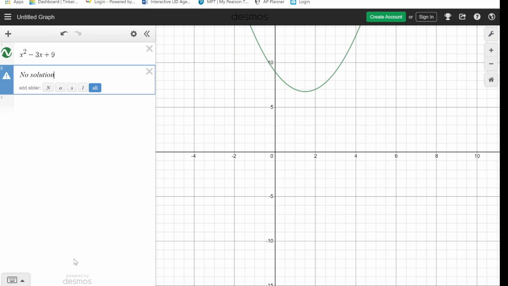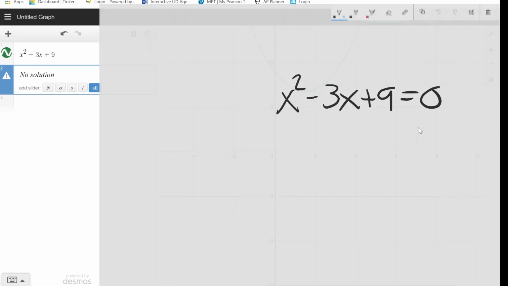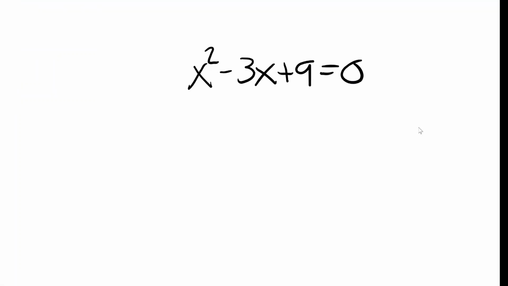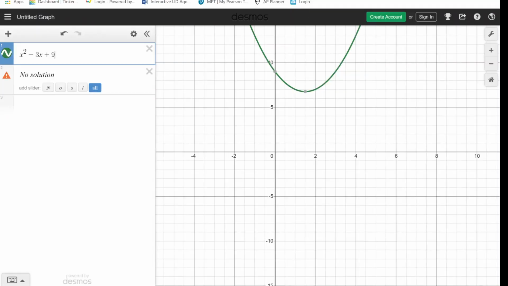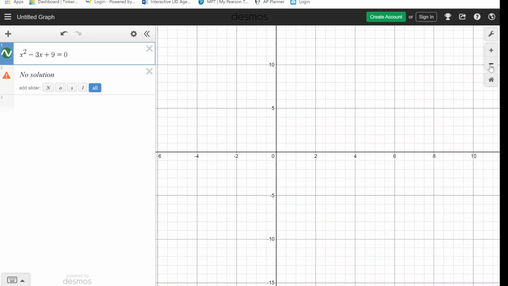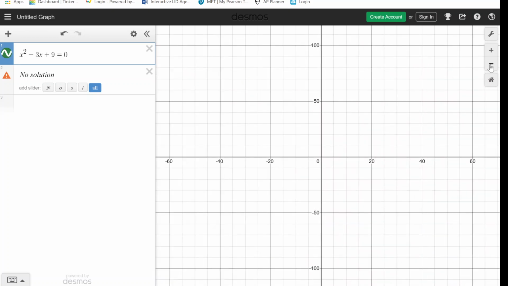There might be a question you have. If you look at my scratch pad, I wrote x squared minus 3x plus 9 equals 0. Now, I did not write the equals 0 when I graphed this. What if I did write the equals 0? Wait, where did it go? It doesn't exist.